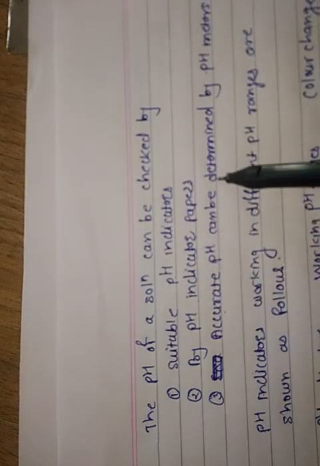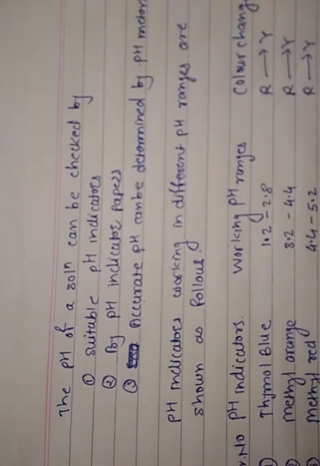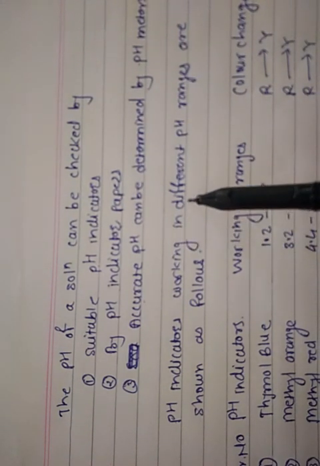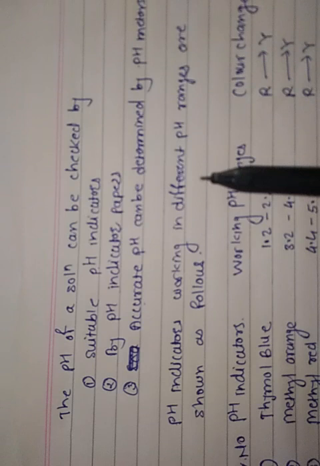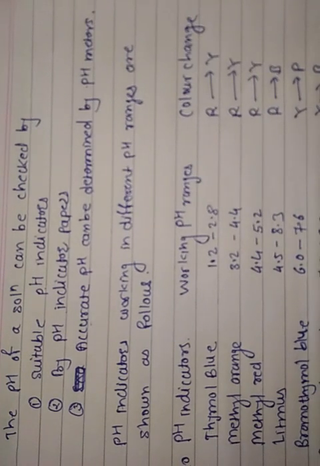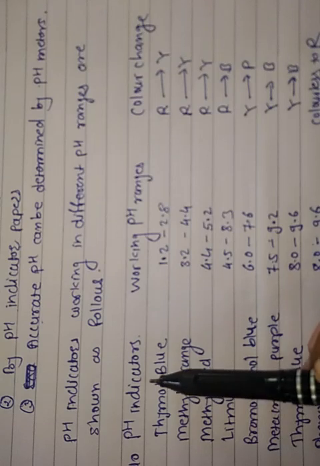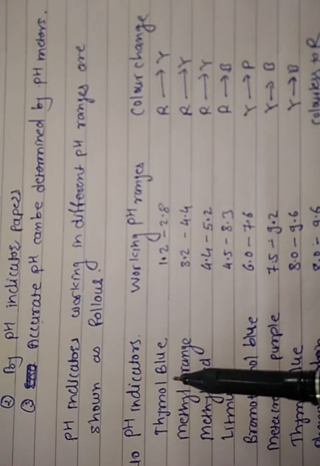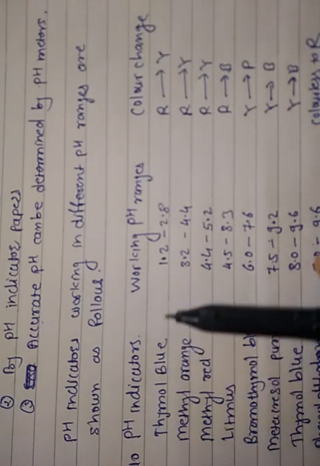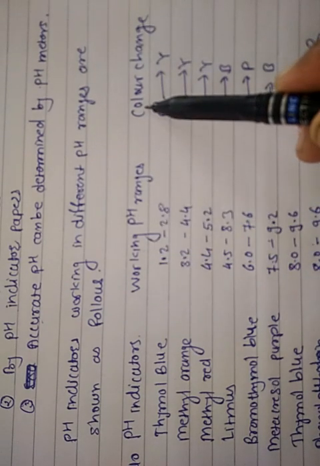Accurate pH can be determined by pH meter. pH indicators working in different pH ranges are shown as follows. This is the table, and this table consists of different types of pH indicators and their working pH ranges and color change.